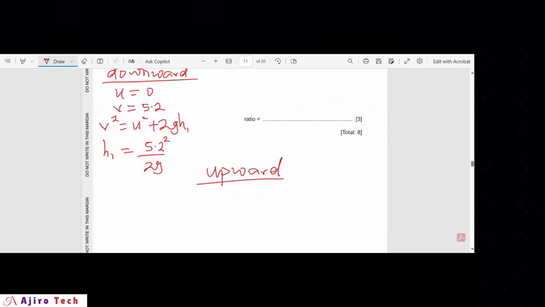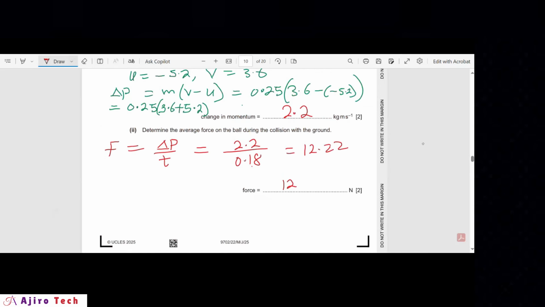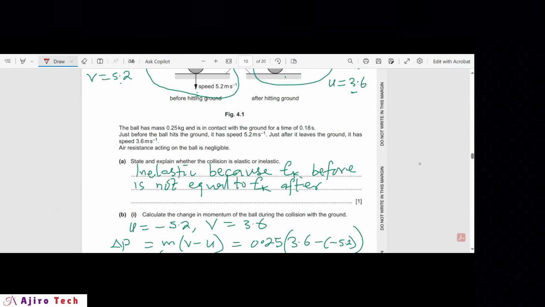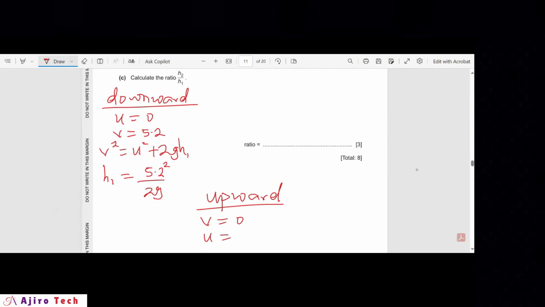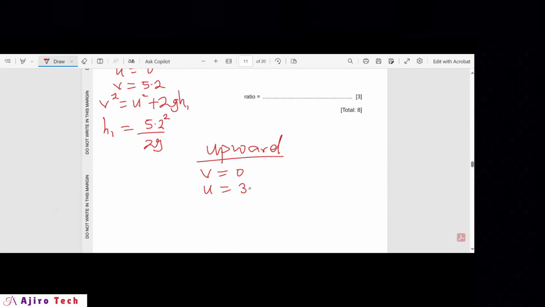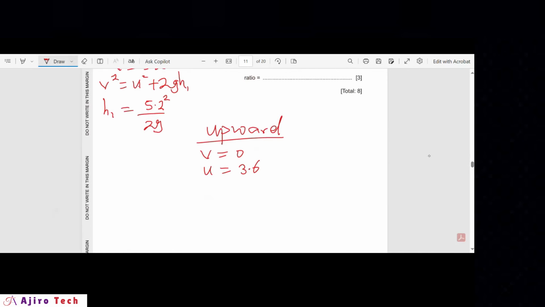The next one, upward. When it's going upward at maximum height, v is 0. Our u now is 3.6. Applying that to the same thing, u squared will be minus because you are going against gravity, so that will be 2gh.